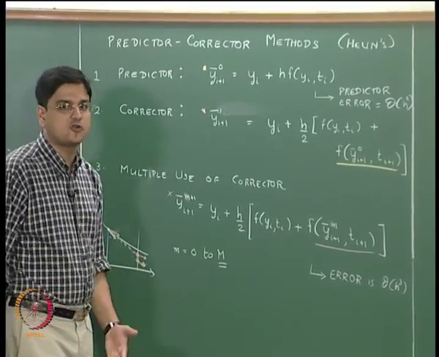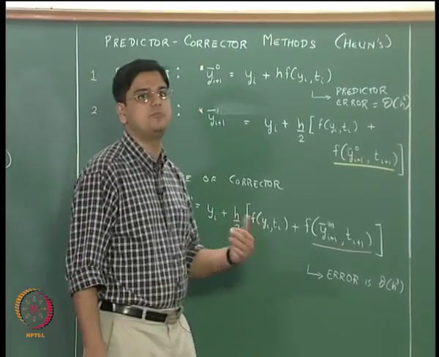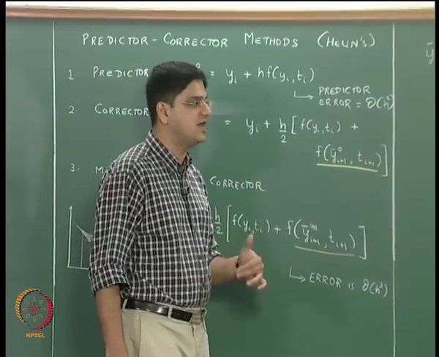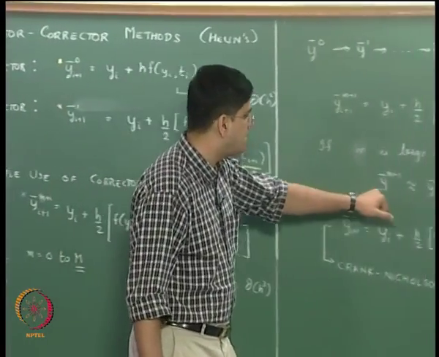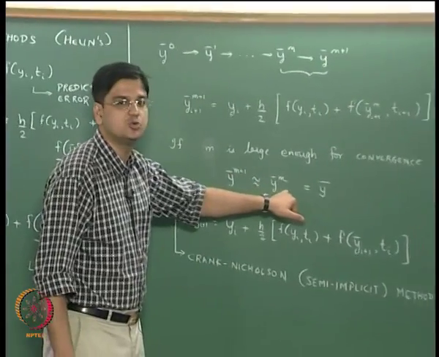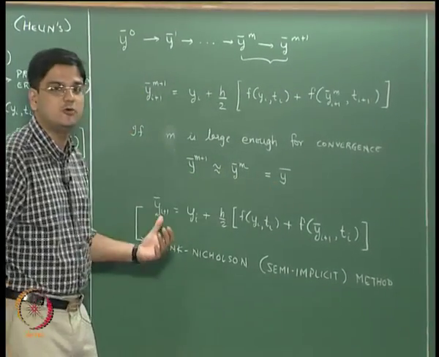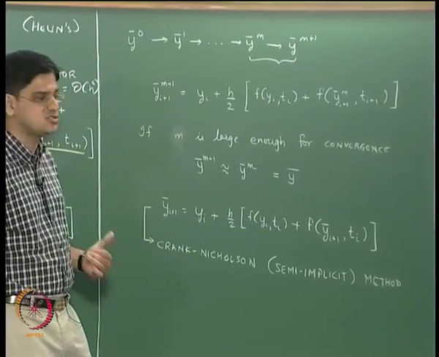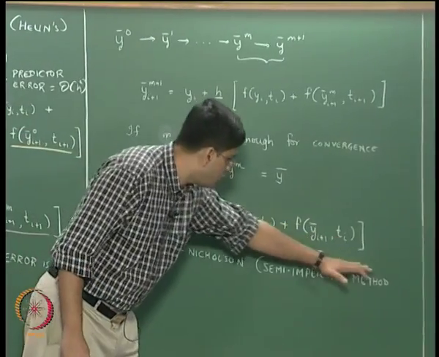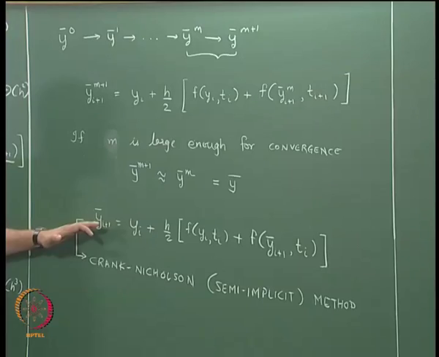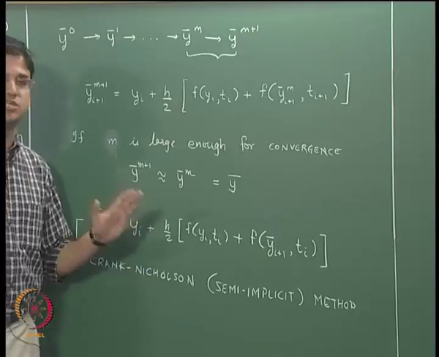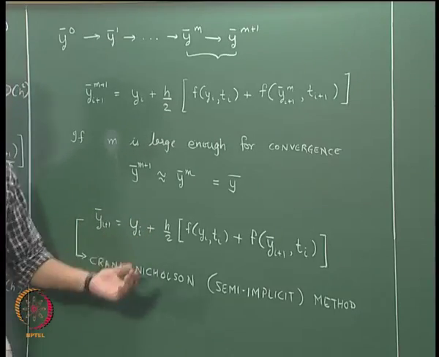Now instead of stopping at capital M number of iterations, if we keep doing the iterations until y bar m plus 1 converges to y bar m, then we have essentially solved a non-linear equation of this type. We have solved this equation using the fixed point iteration method, the method of successive substitutions.